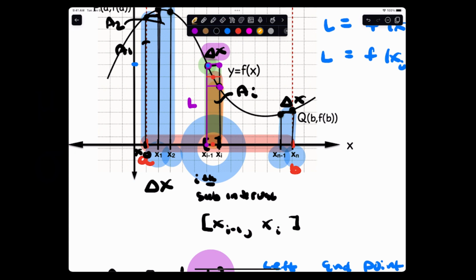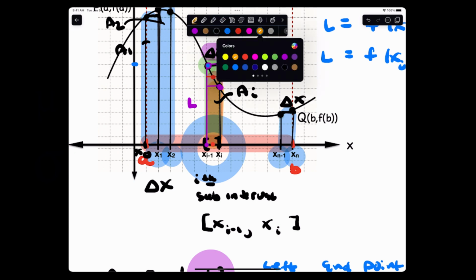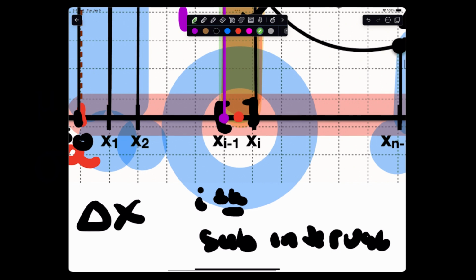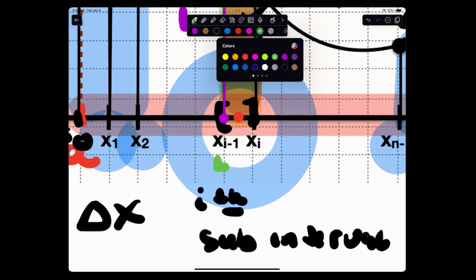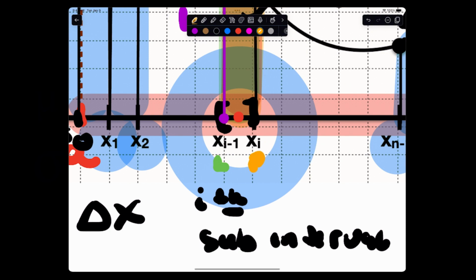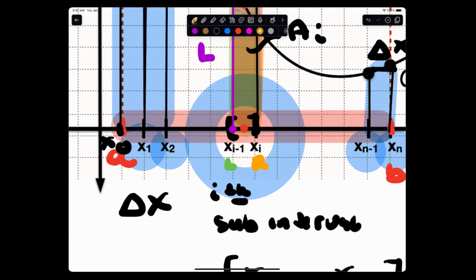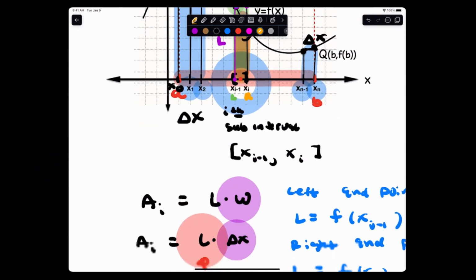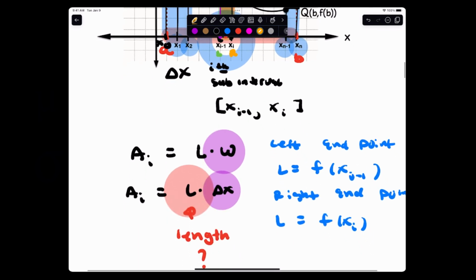This is the left endpoint of your interval, and this is the right endpoint of your interval, which is why I'm pointing those details out.